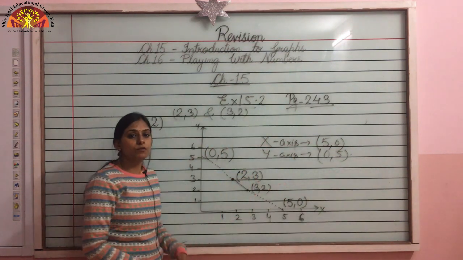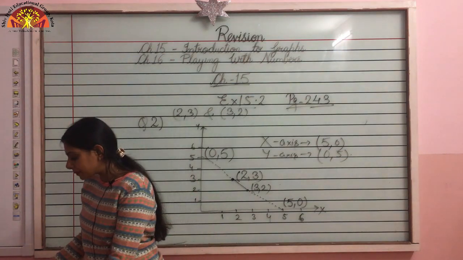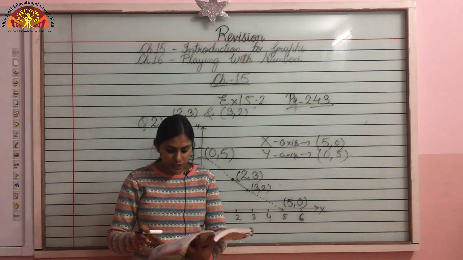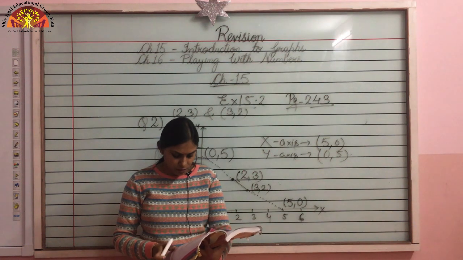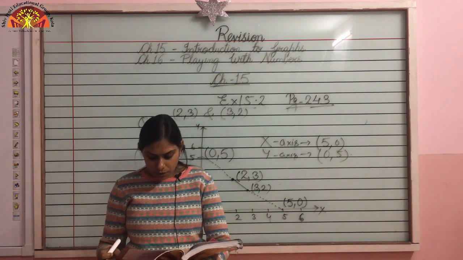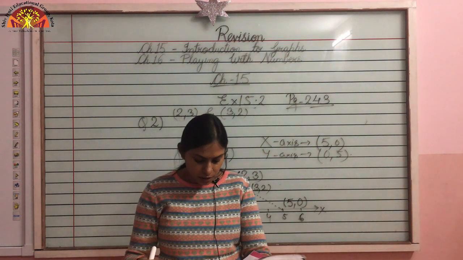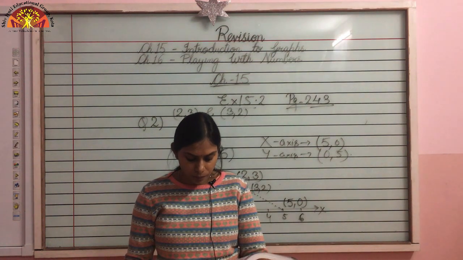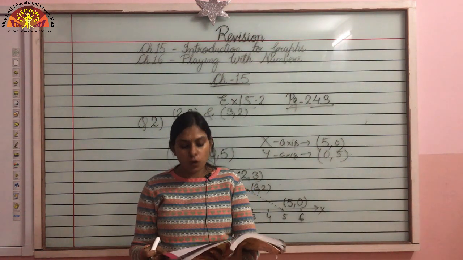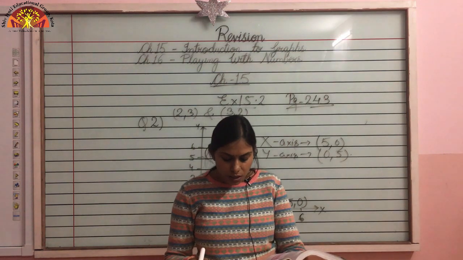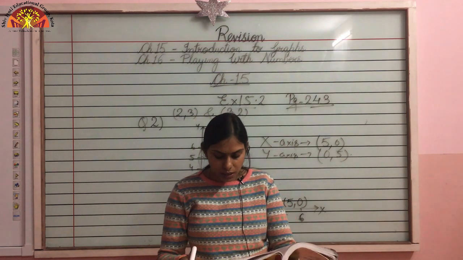Okay, now children, we will move to the last exercise of this chapter, that is exercise 15.3. Now please open page number 247. Just see the first question. Draw the graphs for the following tables of values with suitable scales on the axis.